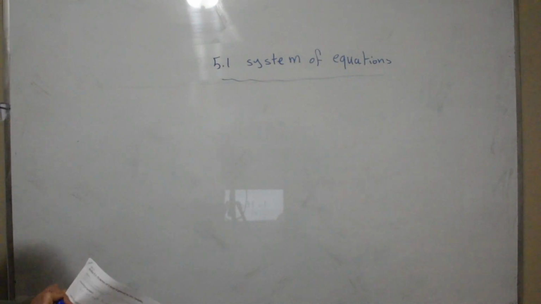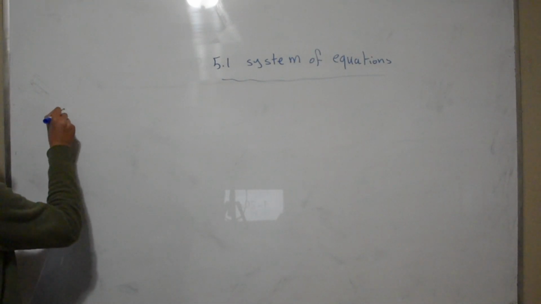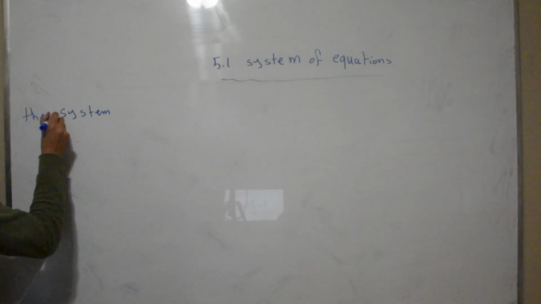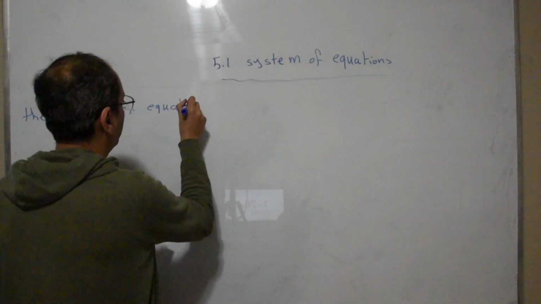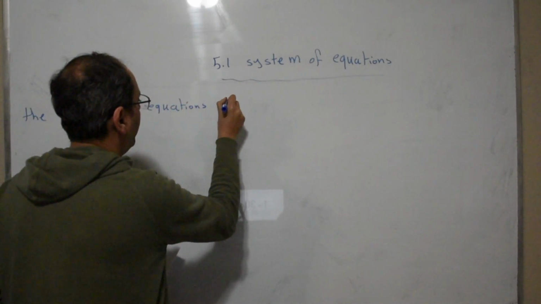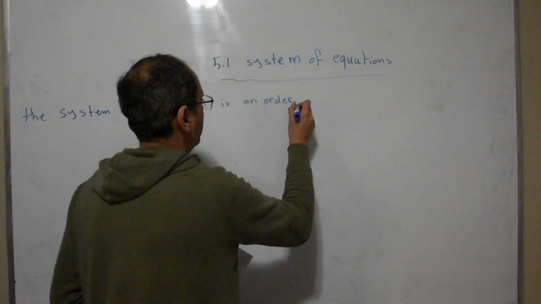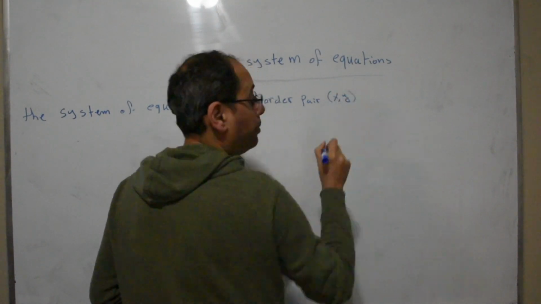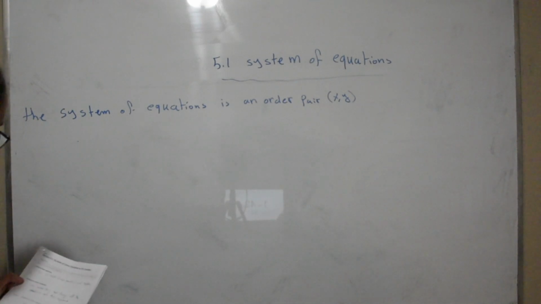So today we're going to talk about the system of equations. The system of equations is an ordered pair, X and Y. They must be used together.